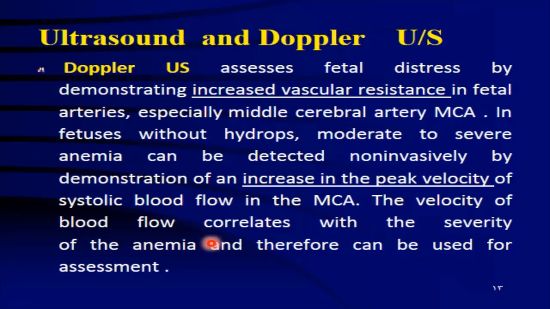A fetus with moderate to severe anemia can be detected non-invasively by demonstration of an increase in the peak velocity of systolic blood flow in the middle cerebral artery. The velocity of blood flow correlates with the severity of the anemia and therefore can be used for assessment.